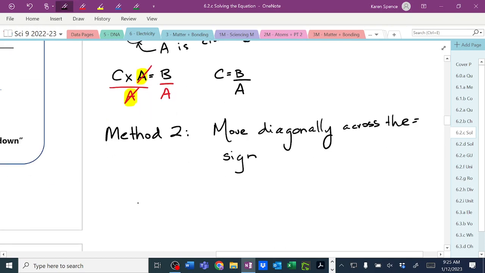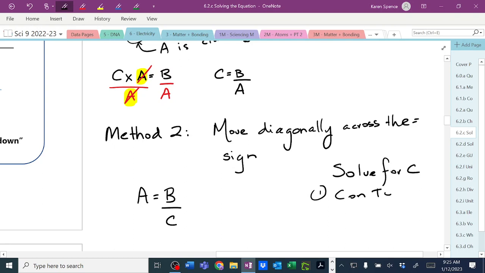Okay, so we have A is equal to B over C, and we are trying to solve for C. So number one, we want C on the top. Right now, C is on the bottom. Now what could I do with C? When I move it to the other side, am I going to move it across or am I going to move it up?